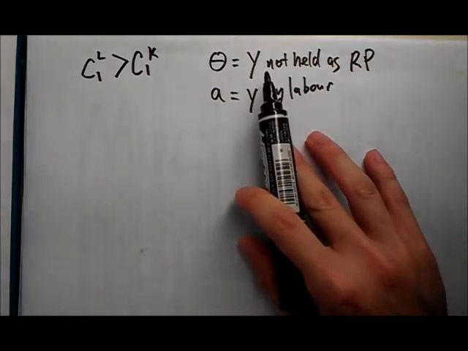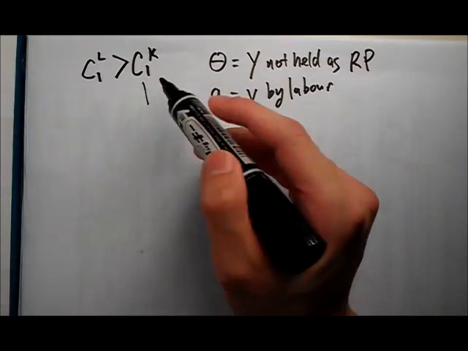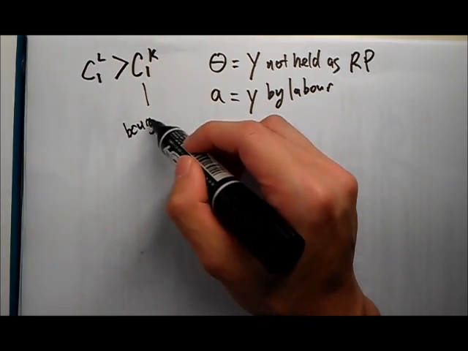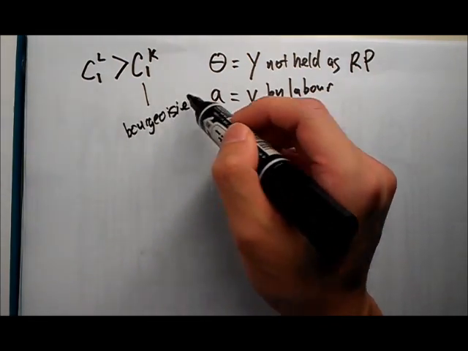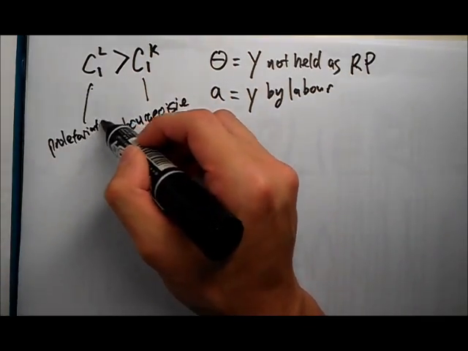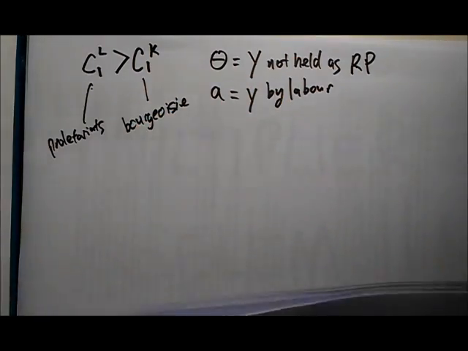Just something on the sidelines: in sociological terms, we call the capitalists the bourgeoisie and the laborers the proletariat. Just some extra information.